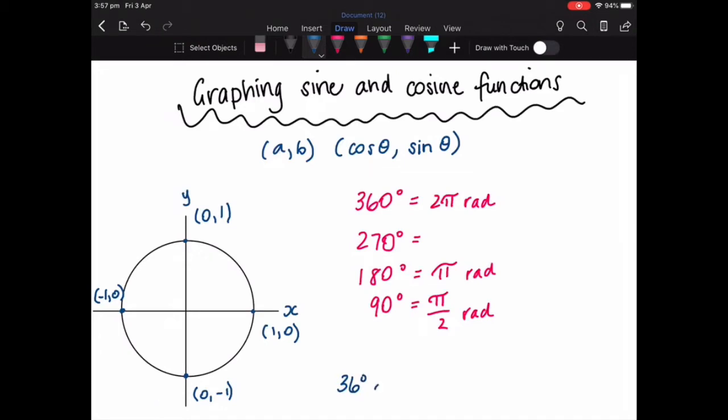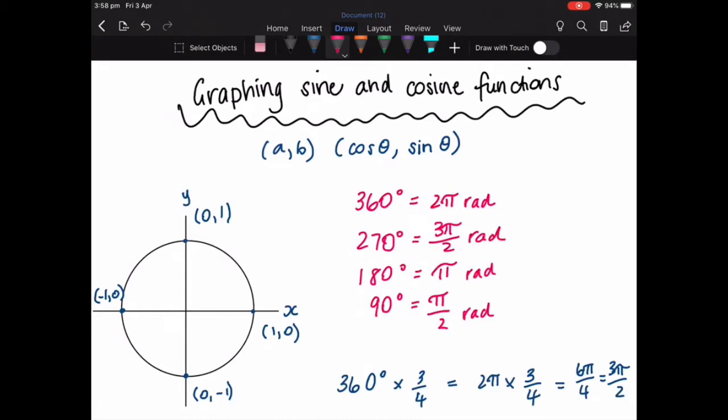So 360 degrees times 3/4 will give me the same as 2 pi multiplied by 3/4, okay? So if I want to find what 3/4 of a whole circle is in radians, I can just times 2 pi by 3/4, which gives me 6 pi over 4, which simplifies to 3 pi over 2. So 270 degrees is 3 pi over 2 radians.